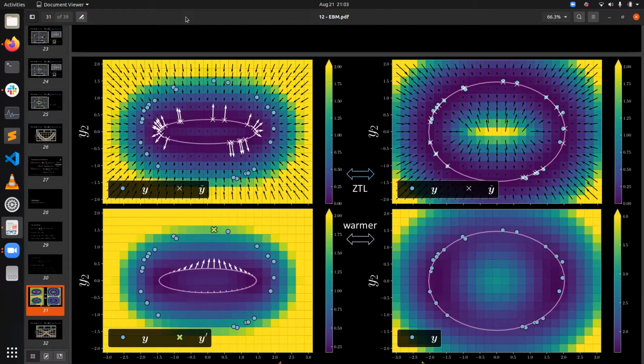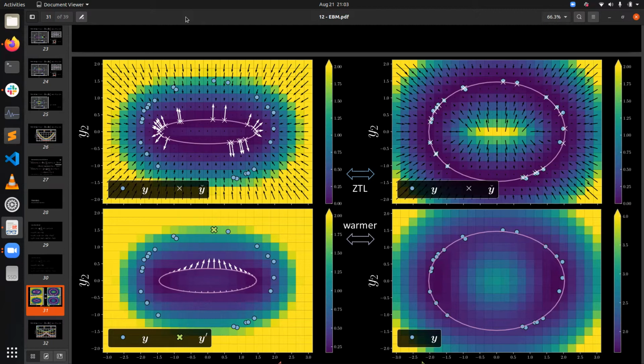And since we are fitting an ellipse to this data which is generated by an ellipse, we have a perfect solution. We don't need a lot of data.